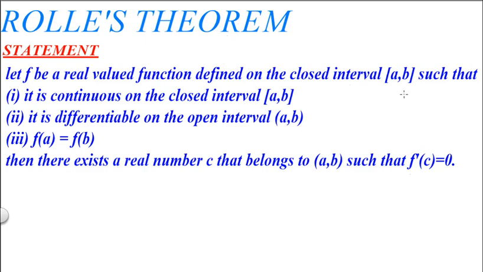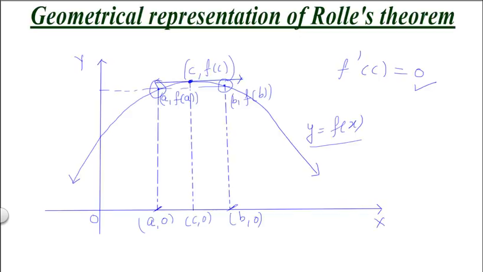Let us go to the graph, or we call that the geometrical interpretation of Rolle's theorem. Here there is a graph given to you. You see there is a function y equal to f of x. The interval taken is from a to b, and you see f of a is equal to f of b, and this function is continuous within the limit a to b, differentiable also as there is a unique tangent drawn at every point in between this interval on the curve.